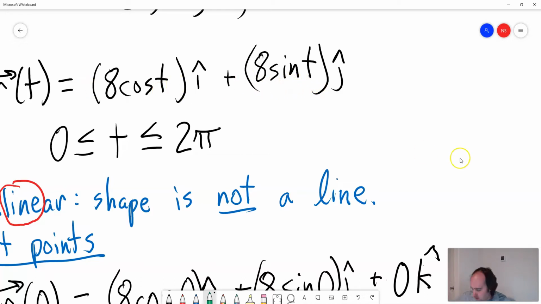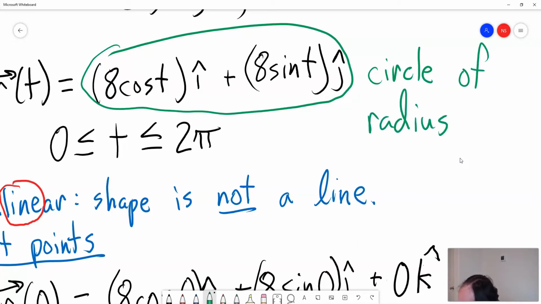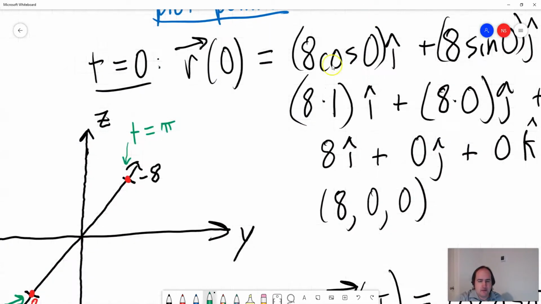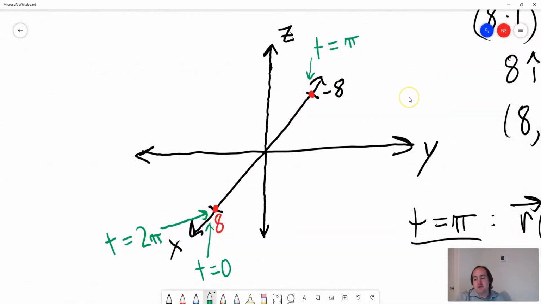So this here is actually going to be a circle of radius 8. Which should make sense to you when you have trig functions like that. They're the exact trig functions that you would have with the unit circle. It's just because they're multiplied by 8, it's going to be a circle of radius 8.